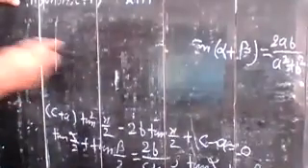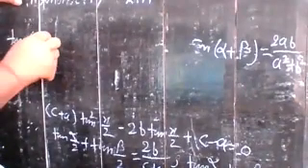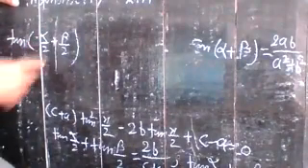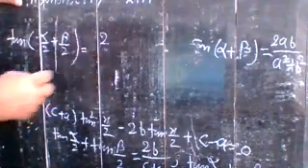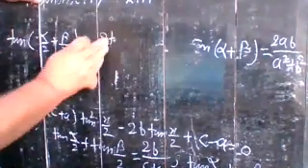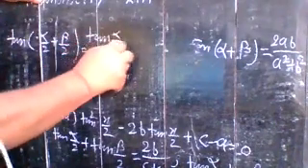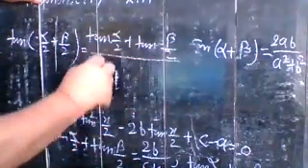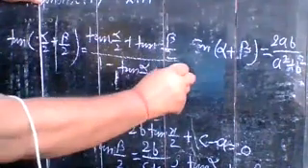So just write it. So the value of tan of alpha by 2 plus beta by 2. Here you find the value of this. So that is equal to tan alpha by 2 plus tan beta by 2 upon 1 minus tan alpha by 2 tan beta by 2.